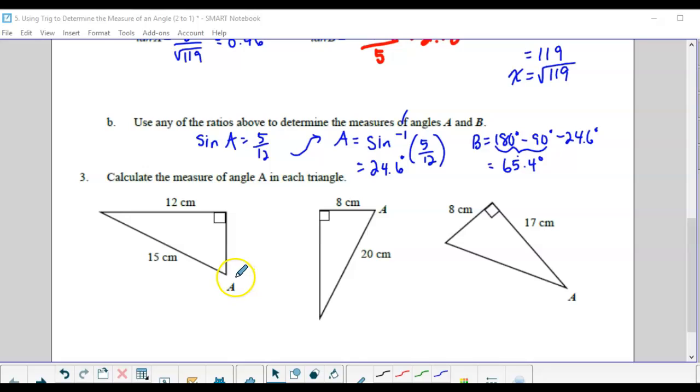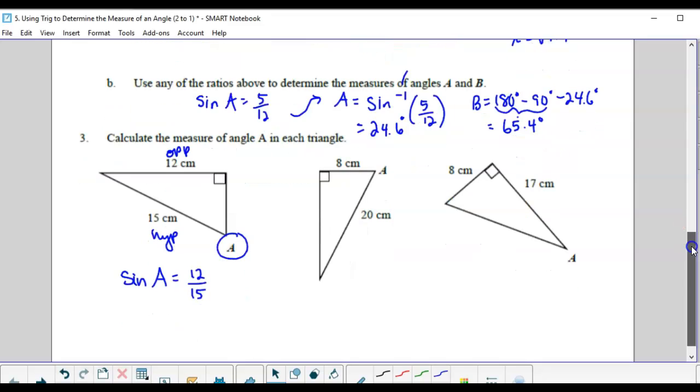Okay, so here we're calculating the measure of angle A. So I'm going to circle angle A. Then what sides do I know? Okay, just deal with the sides that are given to you. You have to have a 90-degree triangle and 2 sides in order to calculate an angle. So this is the hypotenuse and this is the opposite. So we're going to use sine here. So sine of A equals opposite over hypotenuse.